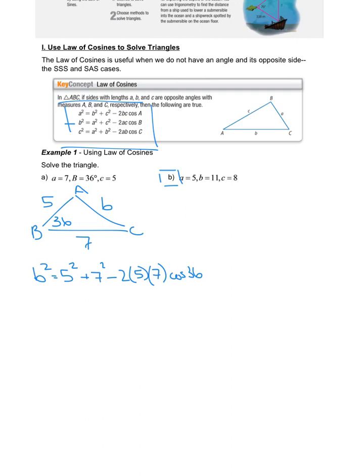Again, make sure today you guys are using cosine when you type these into your calculator. A lot of times the mistake you're making isn't mathematical, it's just that you're accidentally hitting sine instead of cosine. So if you don't get the right answer, double check and make sure you are in fact using your cosine button on your calculator. If I type this whole string of numbers into my calculator, figure it out, and then take the square root of that resulting number to get my side length, I wind up with B is 4.2.